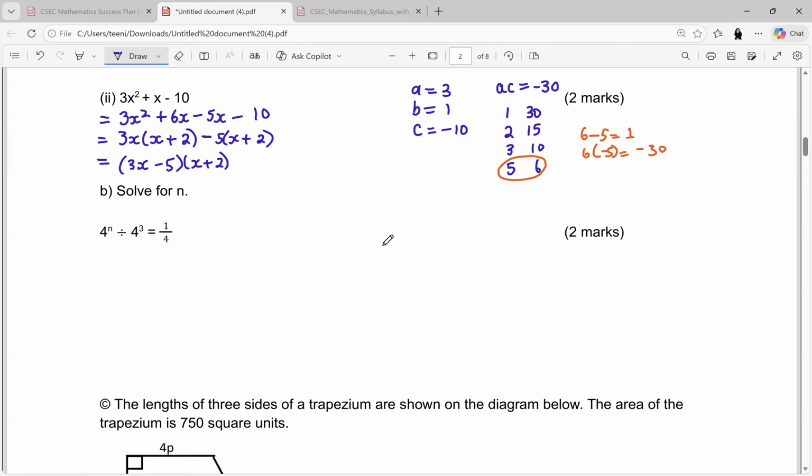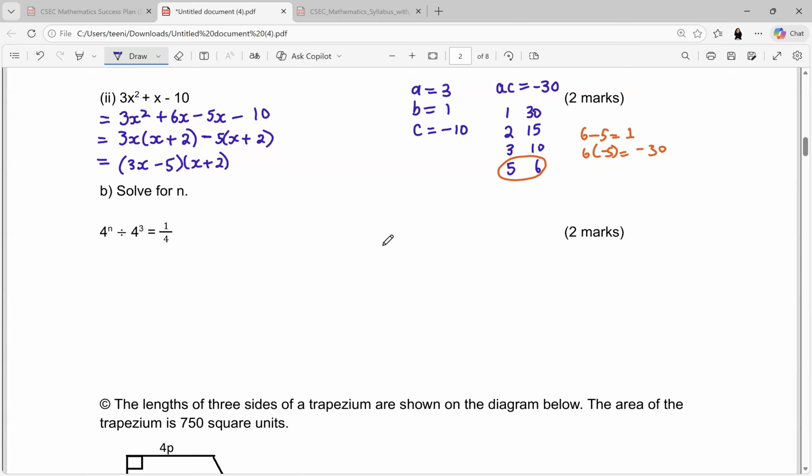And then I take a quarter equals 4 to the negative 1. 4 to the n take away 3 equals 4 to the negative 1, and so n take away 3 equals negative 1, n equals negative 1 plus 3, and n equals 2. So answer 2.